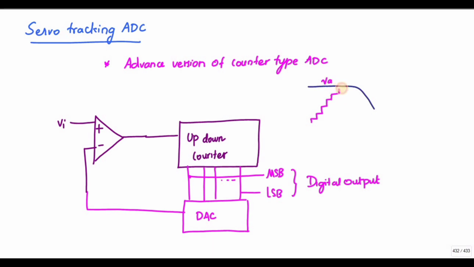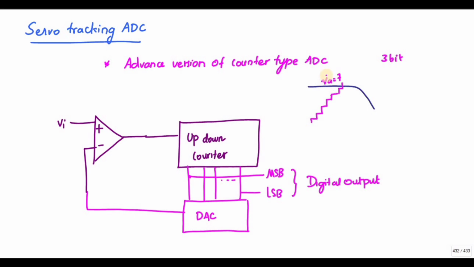Once it finds this point, you can see that my analog signal has reduced. Suppose it is a 3-bit counter, it will count, and the maximum value is 7.